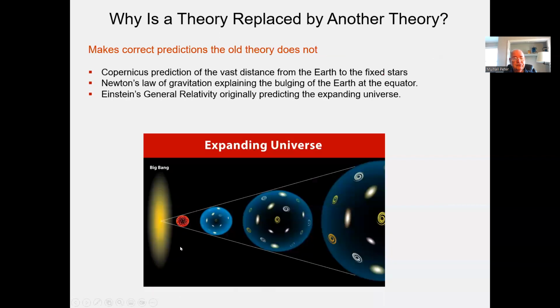One more reason why one theory will replace the other is simply when it makes predictions out of the blue that no one was expecting, that the old theory does not. Some examples: Copernicus' theory predicts that the fixed stars are very, very far away from the Earth.